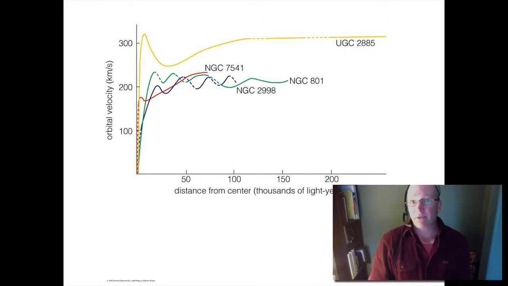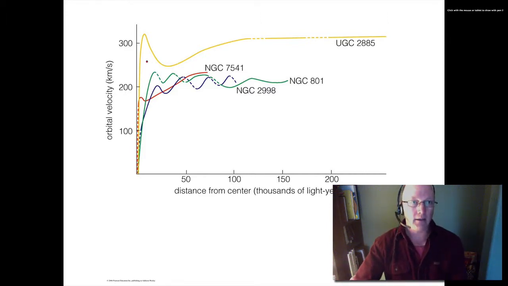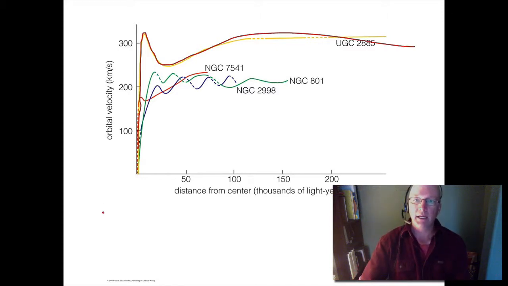Now here are some examples of velocity curves that have been measured for different galaxies, and it's interesting to see that there must be some distribution of dark matter, because if we look at, say, UGC 2885, on all of these we see this steep linear rise, and then this one you actually see a Keplerian drop-off before it goes back up like that. So what does that mean?